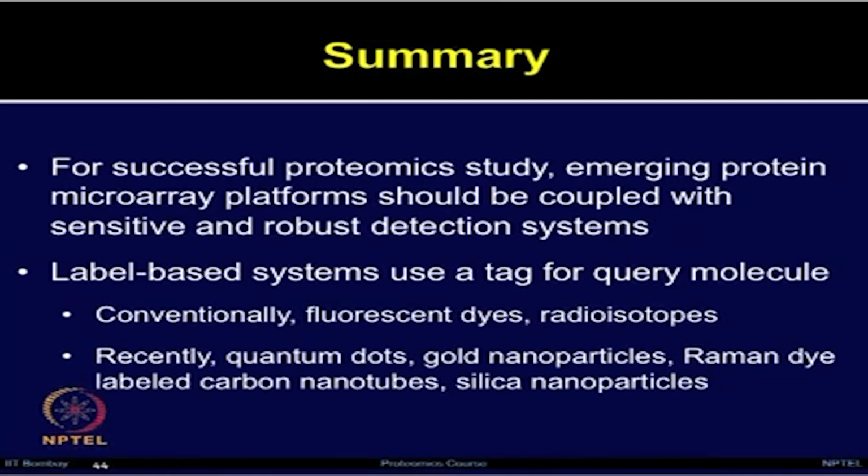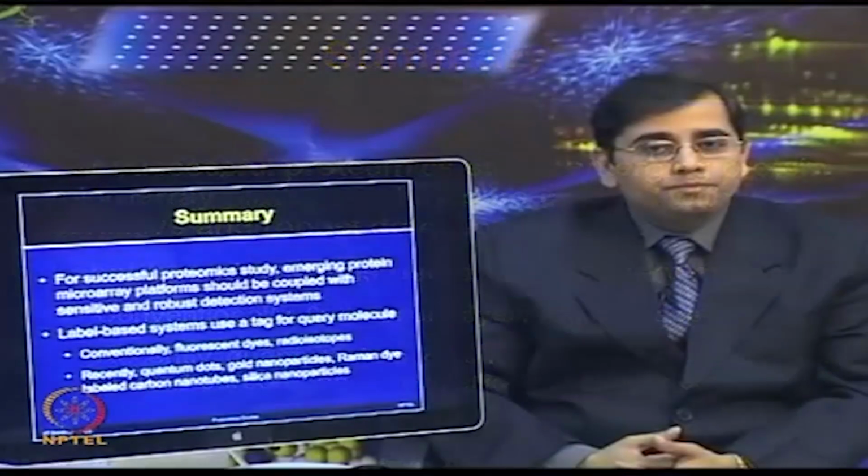Conventionally, people have used fluorescent dyes or radioisotopes, and fluorescence based methods are still the most widely used because of the availability of scanners and readers in labs throughout the world.